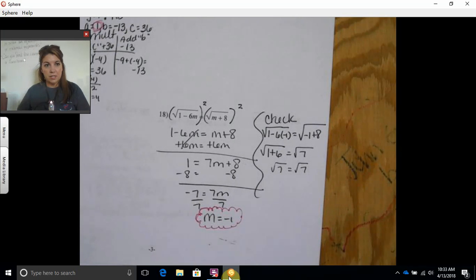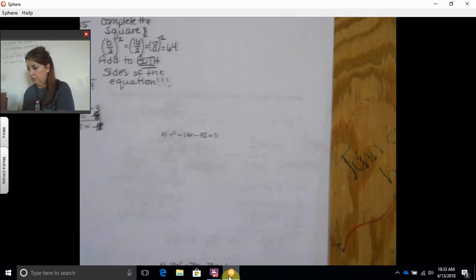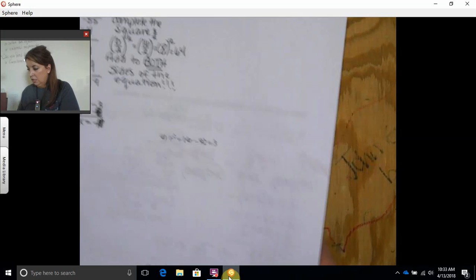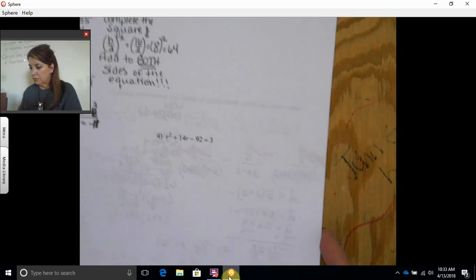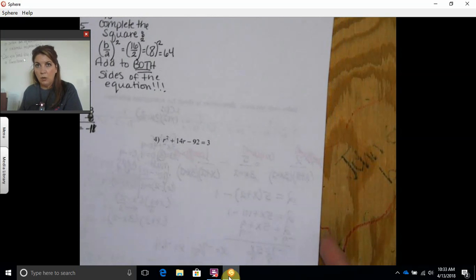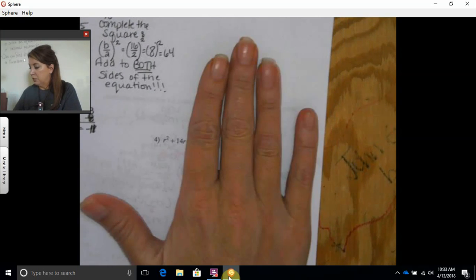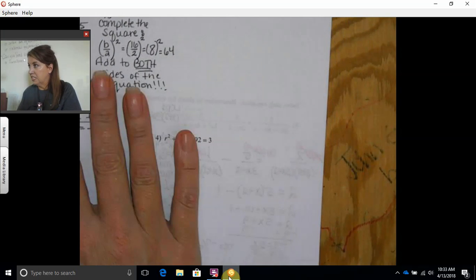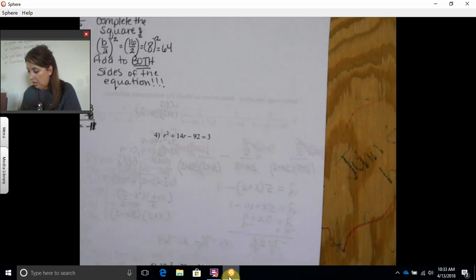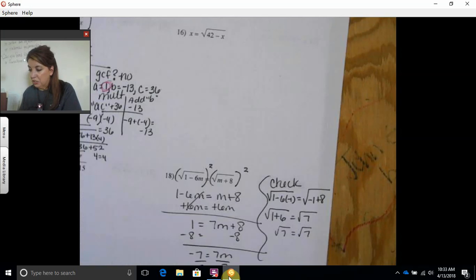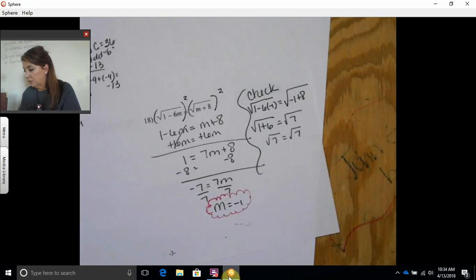There you go. So I want y'all to work on this. I'm going to go ahead and pass back these completing the square notes. I know we did this example, but I'm going to give you those notes back so you have that to look at. And your rational equations notes.